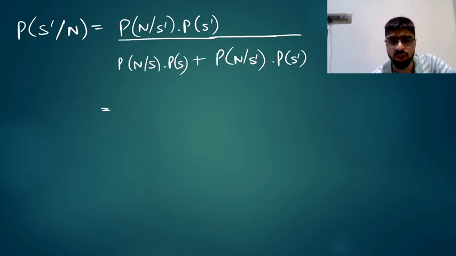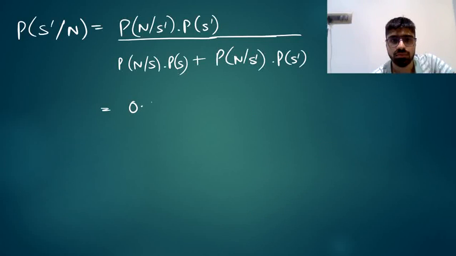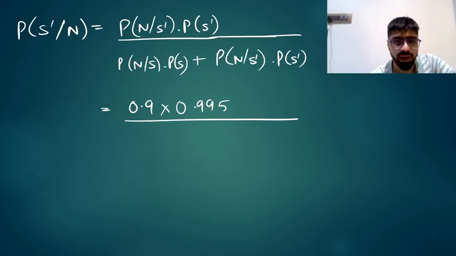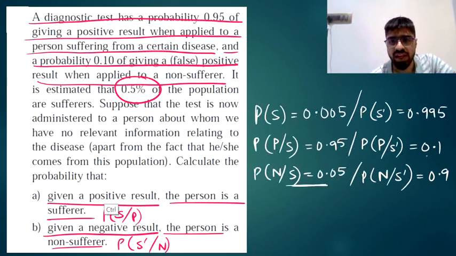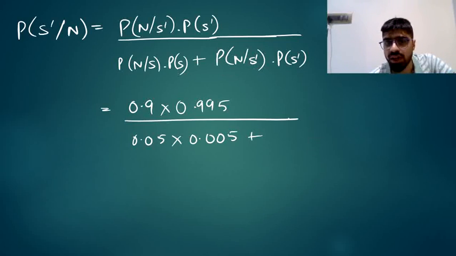Try to put in all the numbers now. P of N given S complement is 0.9, P of S complement is 0.995, the whole divided by P of N given S, which is 0.05, into P of S, that is 0.005, plus P of N given S complement and P of S complement, which are the numbers here only.